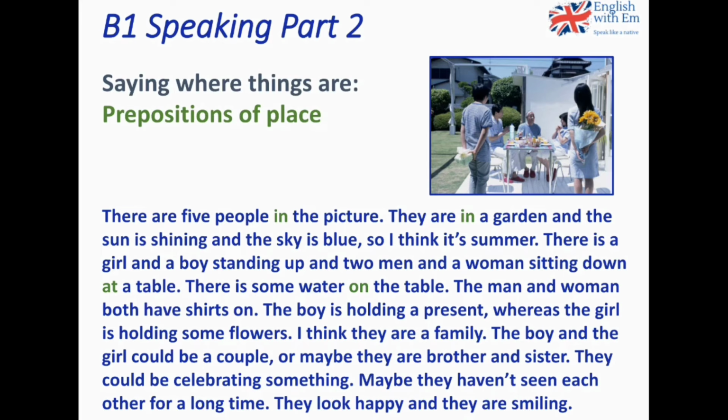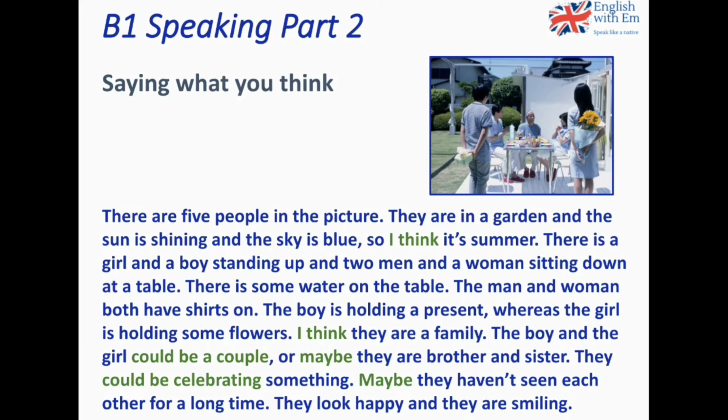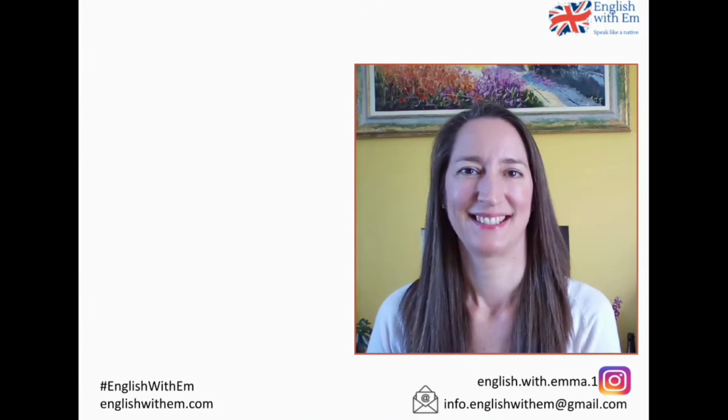We've said where things are using prepositions of place. And we've said what we think. And we've linked our ideas using lots of linking words. So again, this is a good answer. And remember, keep talking until the examiner stops you or takes away the photograph.